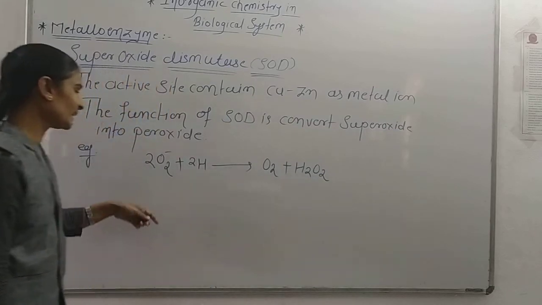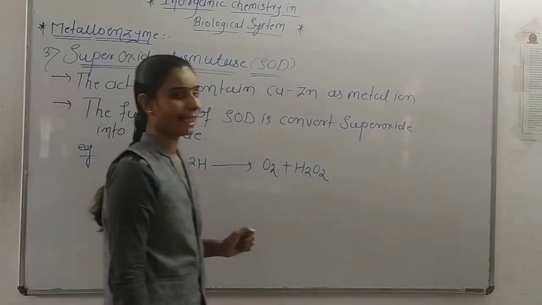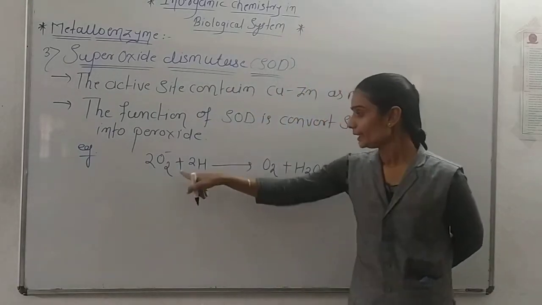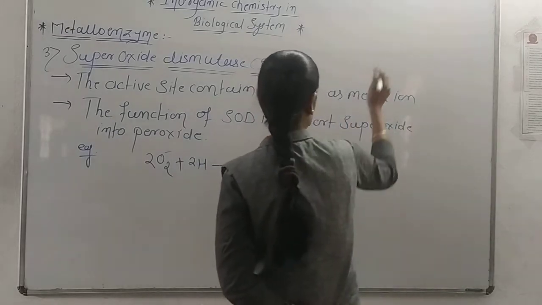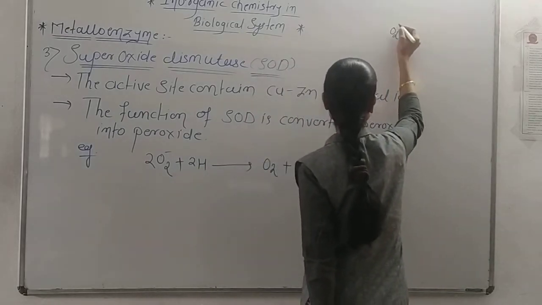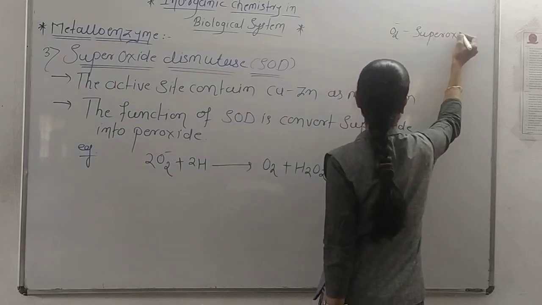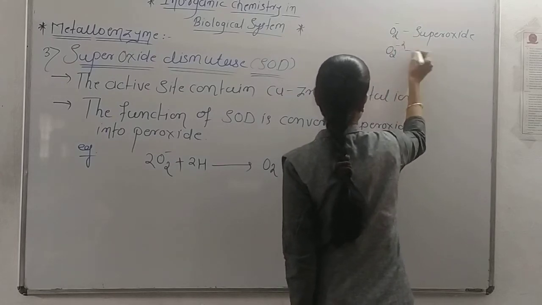When oxygen has only one negative charge, that is called a superoxide. This superoxide is converted into the peroxide. Suppose O2 minus is superoxide and O2 2 minus is peroxide.